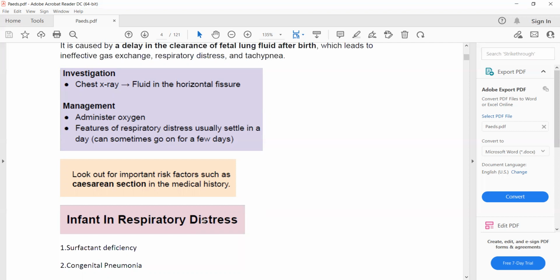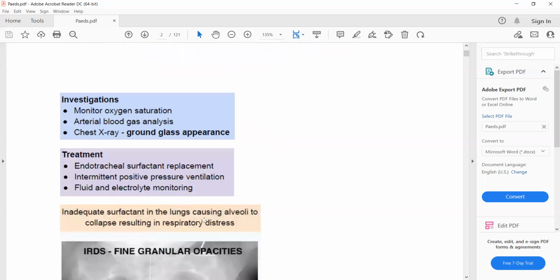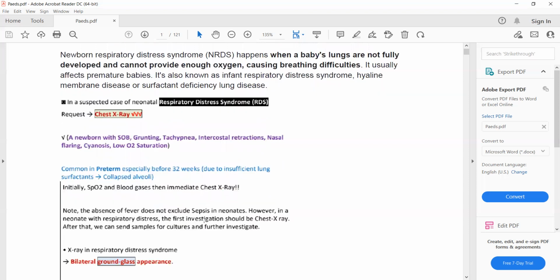There are some other causes of respiratory distress in newborn as well.